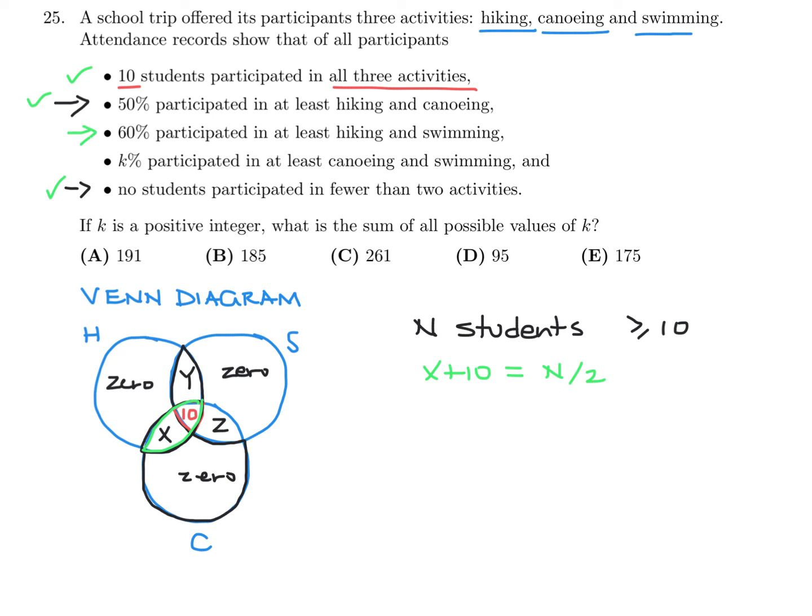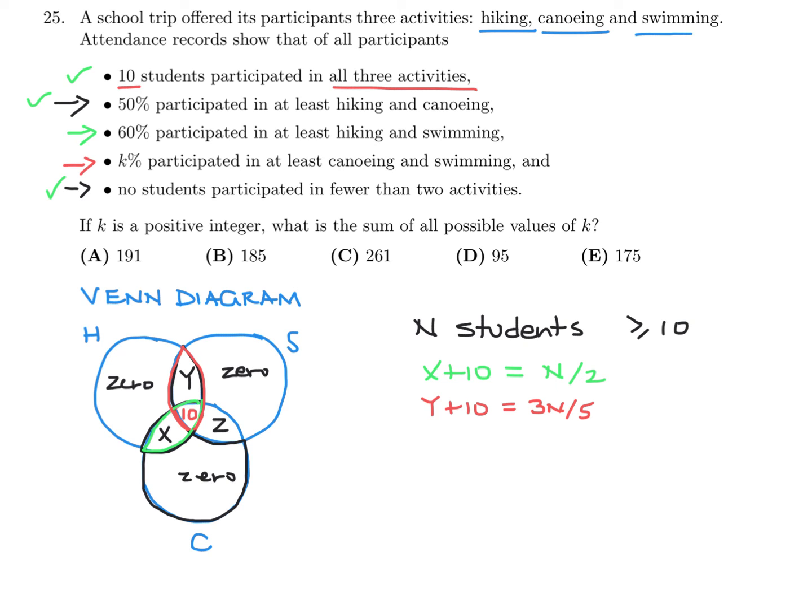Now let's look at this one. 60% participated in at least hiking and swimming. So hiking and swimming would be this region, I believe. That means Y plus 10 is 60% of the total. In terms of a fraction, that's 3N over 5, I believe. Yeah, 60%. And then finally, this one, the K percent.